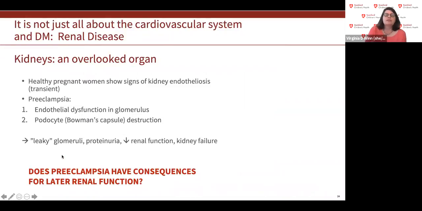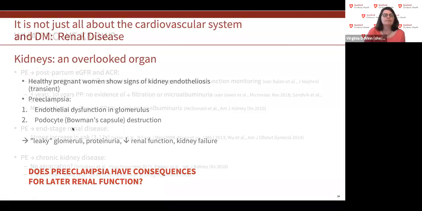So it's not only about the cardiovascular system and diabetes, but what do we know about renal disease? Preeclampsia definitely impacts endothelial dysfunction in the glomerulus, which is what results in the proteinuria. But what do we know about later renal function?